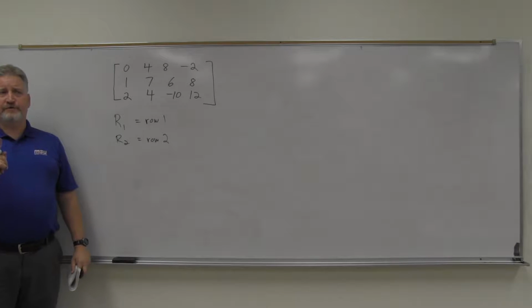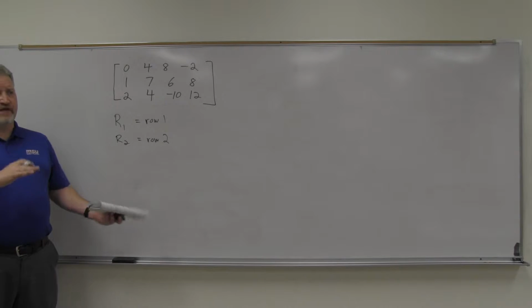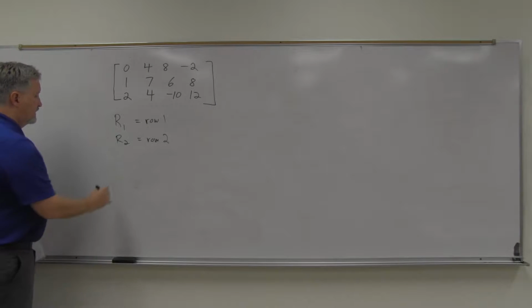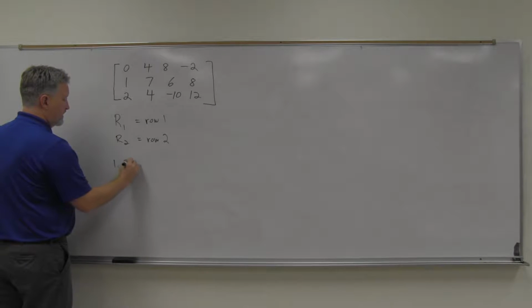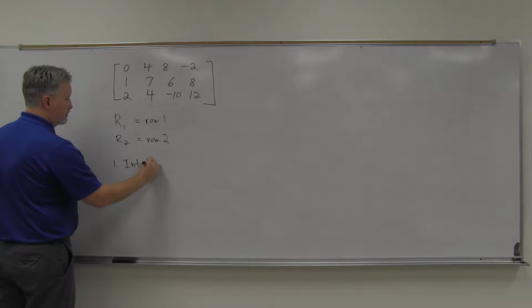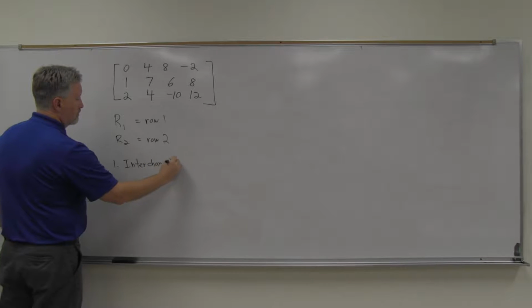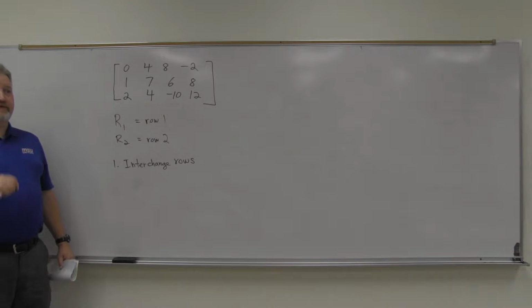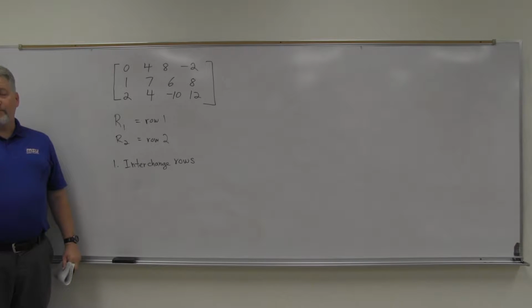But one thing we can do with matrices is interchange rows without changing the values in the matrix, if you will. Now, keep in mind that what I'm going for is row echelon form.